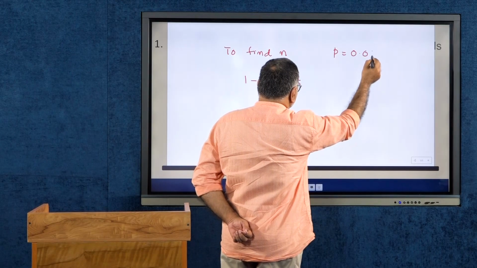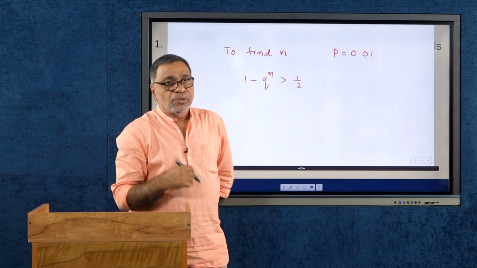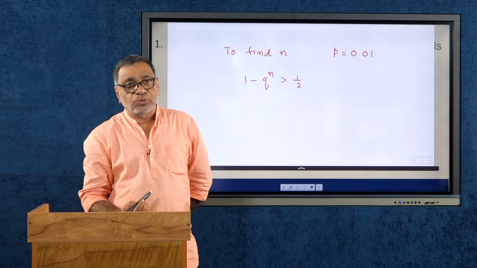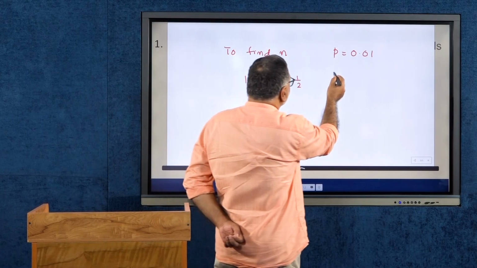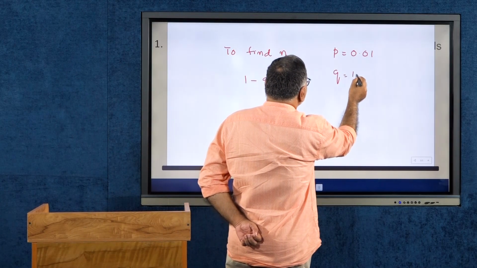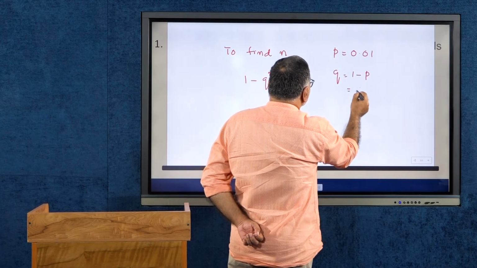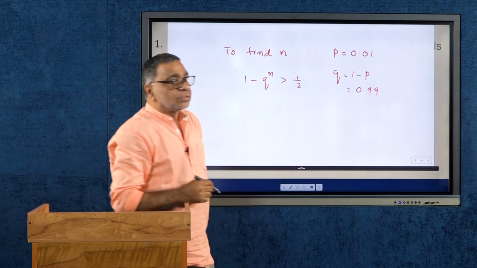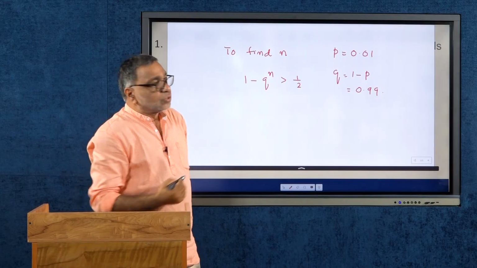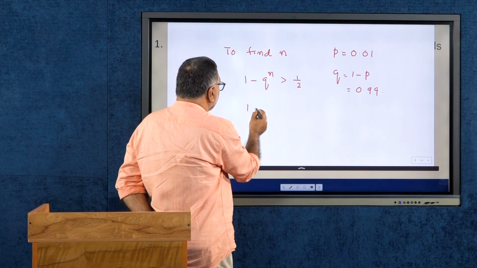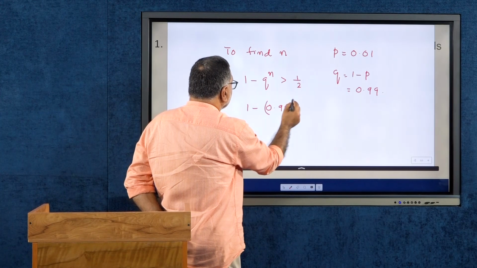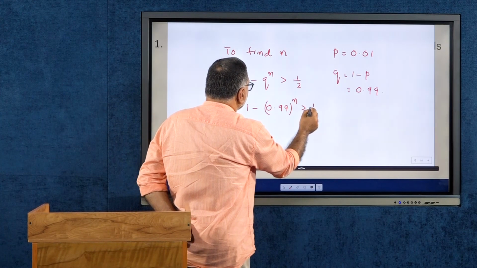So that q is equal to 1 minus p, that is equal to 0.99. So this is our q. So it is 1 minus 0.99 power n is greater than 1 by 2.